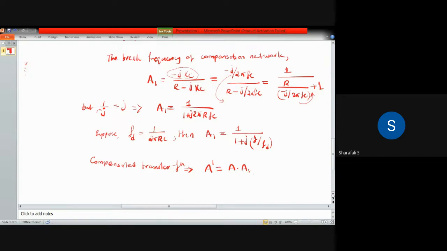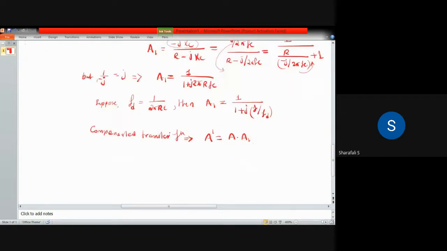So I'm talking about this transfer function. That will be given by A dash equal to A open loop divided by the expression. Why is this multiplied with this A1? Because we have that circuit which is connected in series to your network, so we have to multiply those two to get the total.